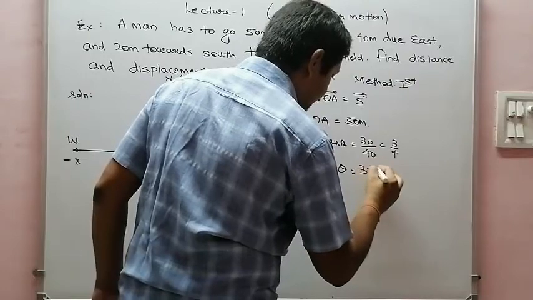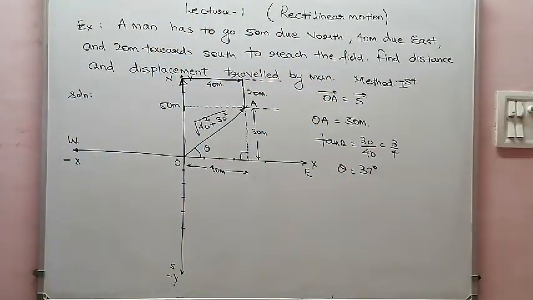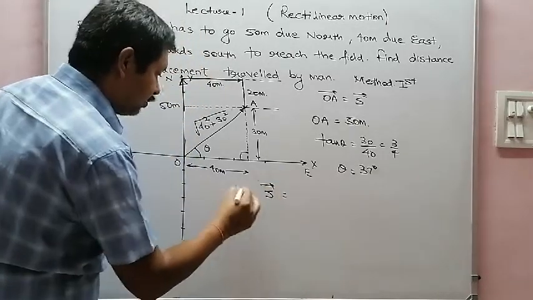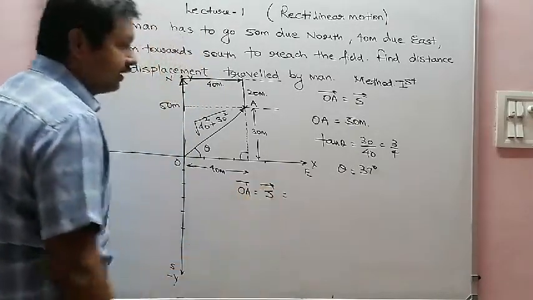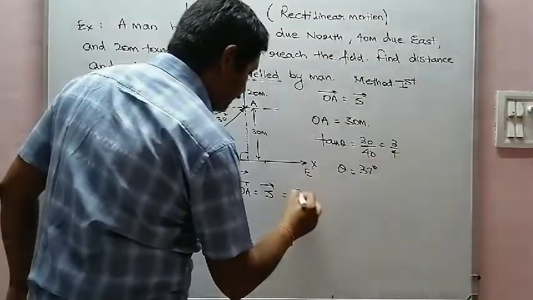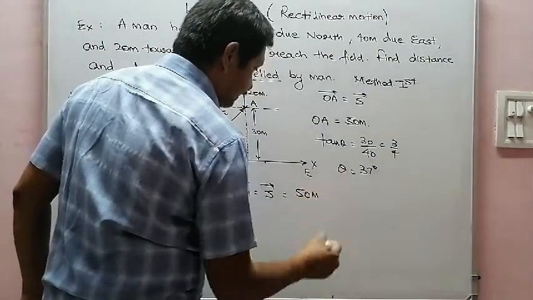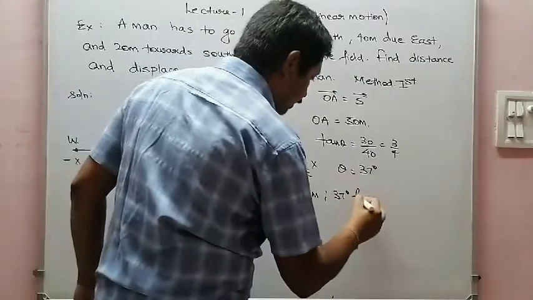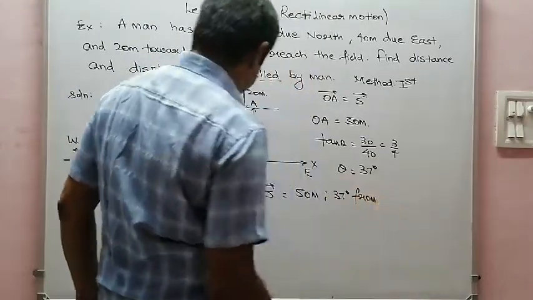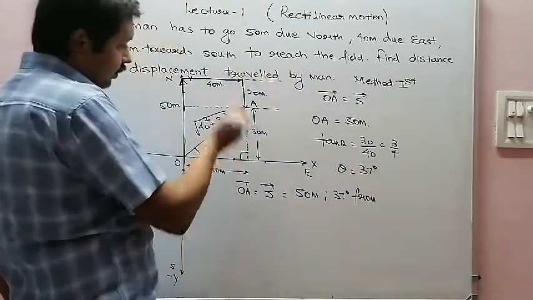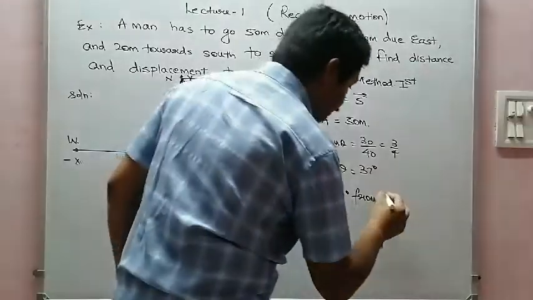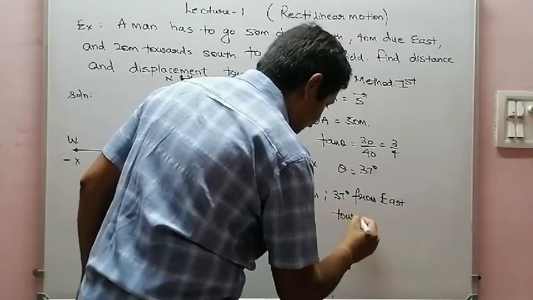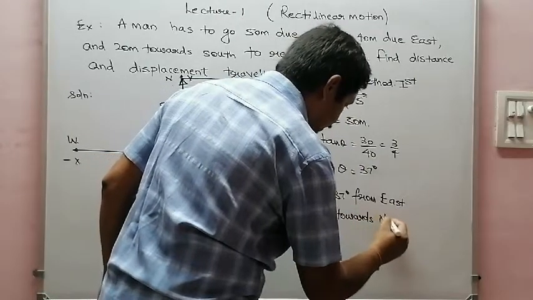So displacement S, that is OA vector, is 50 meter and direction becomes 37 degree from east towards north.